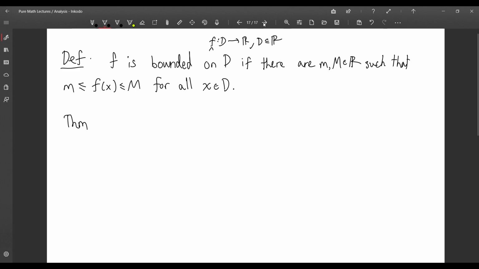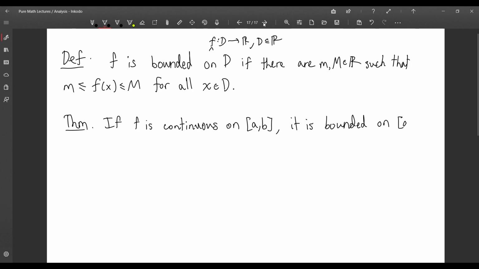And now with this definition, we jump straight into a theorem. If f is continuous on the closed interval a to b, it is bounded on a to b.